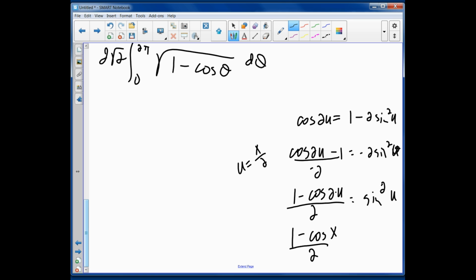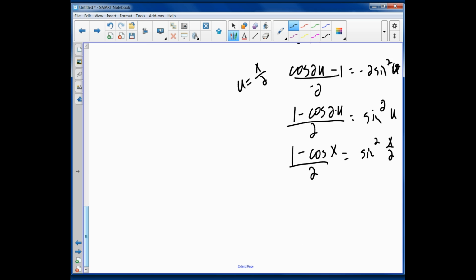So we put that inside the square root. That's the square root of 2 sine squared x over 2. But I did a variable swap. So that was theta, so d theta is equal to 1/2 dx.